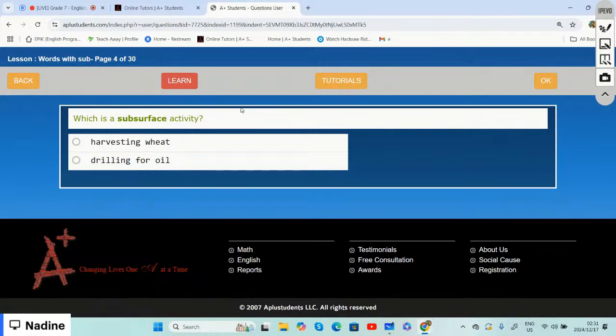The next one says, which is a subsurface activity? Is it option one, harvesting wheat, or option two, drilling for oil?